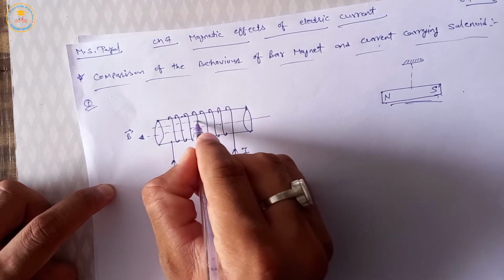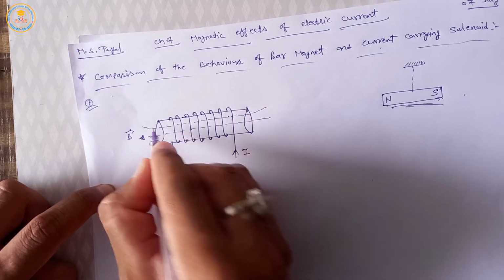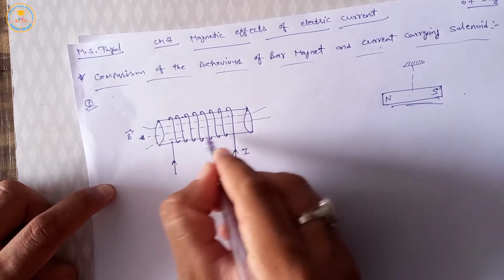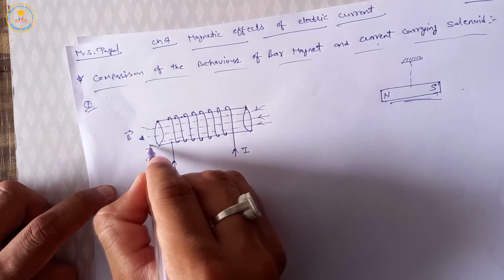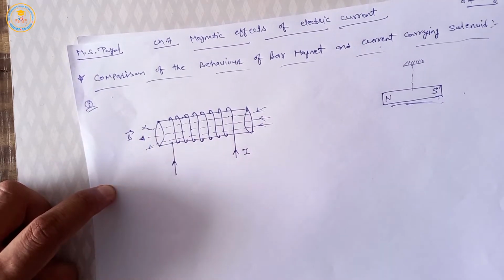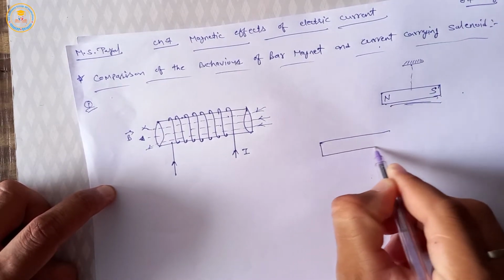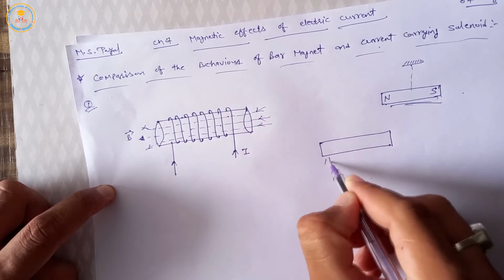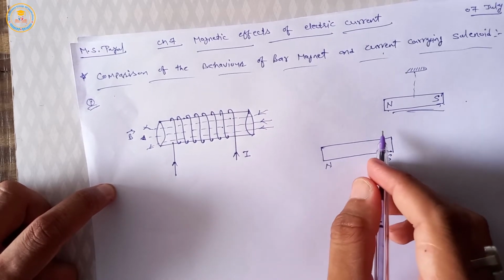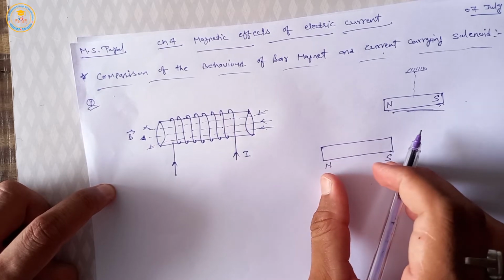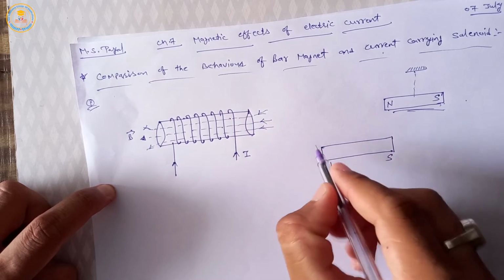Here the magnetic force lines inside a solenoid are parallel like this. This is the direction of the magnetic field. But in a bar magnet, with its north pole and south pole, the magnetic force lines are in a circular form, it means curved form like this.